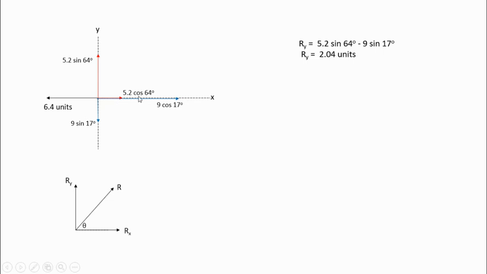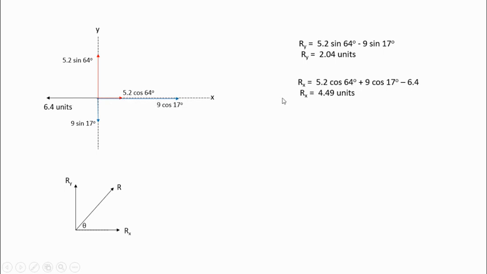Similarly, in the x direction, we sum all the vectors in the x direction to give us the x component for Rx, the x component for our resultant. So 5.2 cos 64 plus 9 cos 17, because those two are parallel, going in the same direction, so we're going to add them. And we're subtracting the 6.4 because that is opposite to those two.